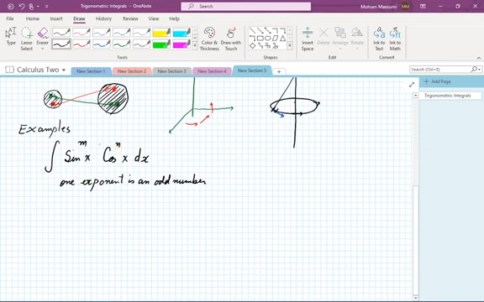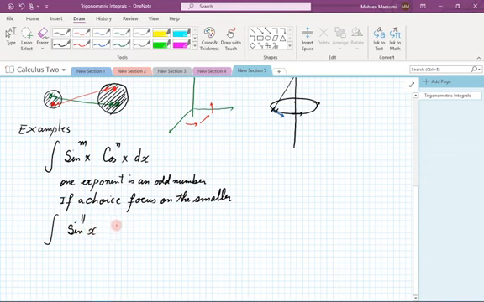In that case, if you have a choice, pick the smaller odd number, just so that our job is easier. Let's write an example. Suppose I have, say, sine to power of 11 of x, and then, let's make this one smaller, cosine to power of 5 of x dx. I want to calculate this.